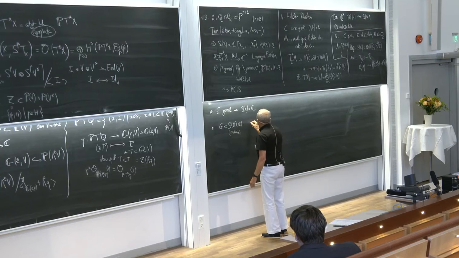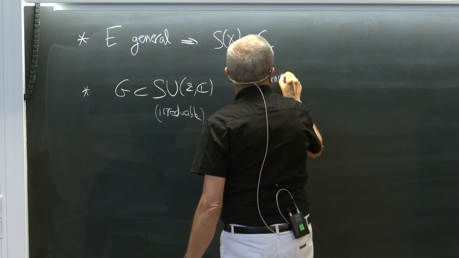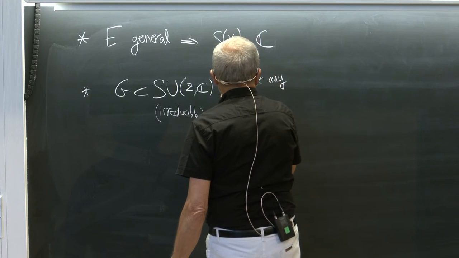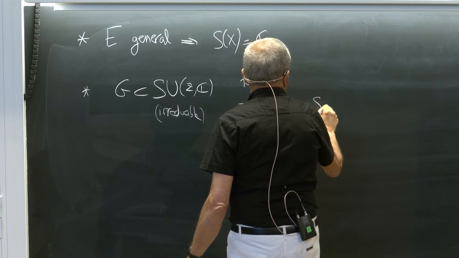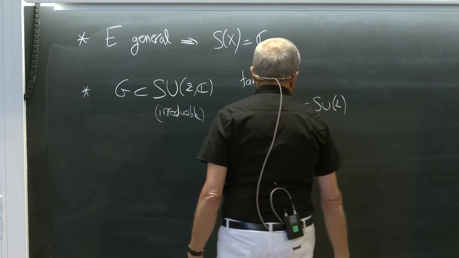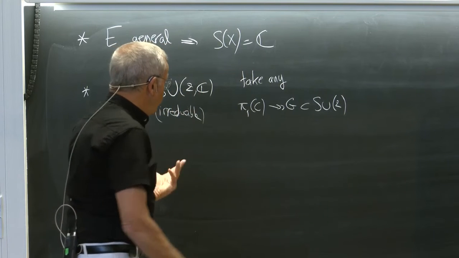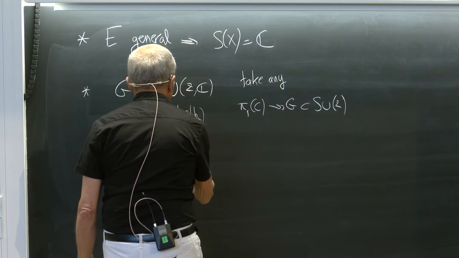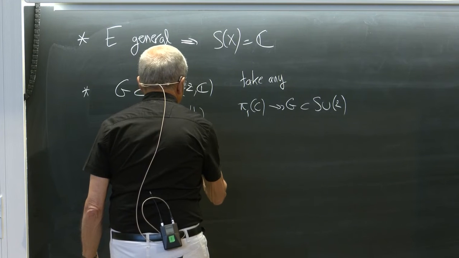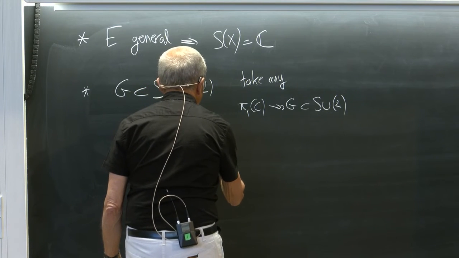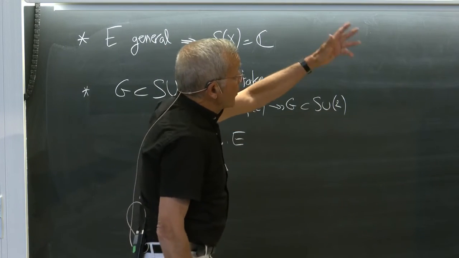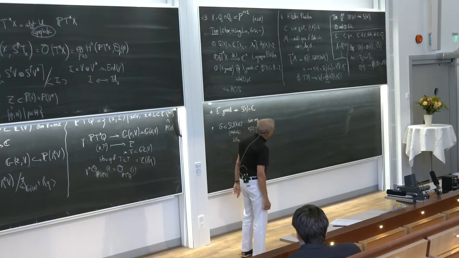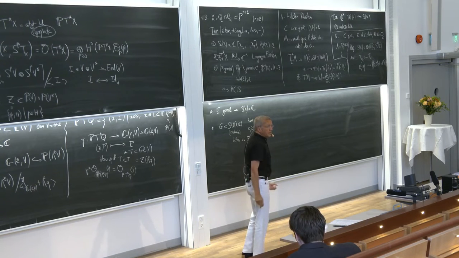And now take any surjective map from pi_1 of C to G. And this defines a vector bundle E, which has the properties that I need. It's stable, with rank 2 and trivial determinant.